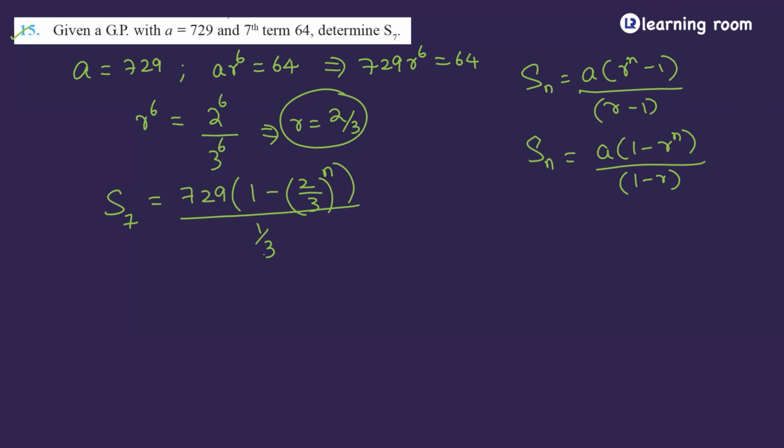So 729 times 3 is going to give us 2187 into 1 minus 2 by 3 to the power n.